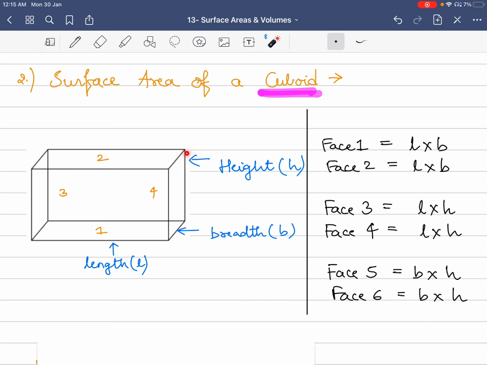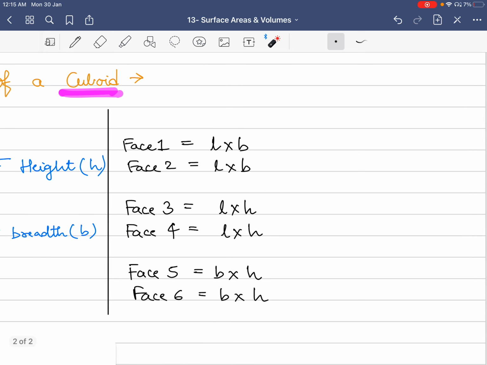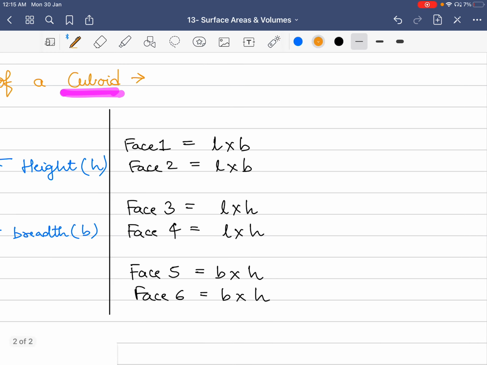Then this rectangle is face number 5, and this is face number 6. Thus a cuboid has 6 faces, and the surface area is the summation of all the areas of these 6 rectangles, which we have noted down here. So we're going to just continue here. I'm just going to write here.